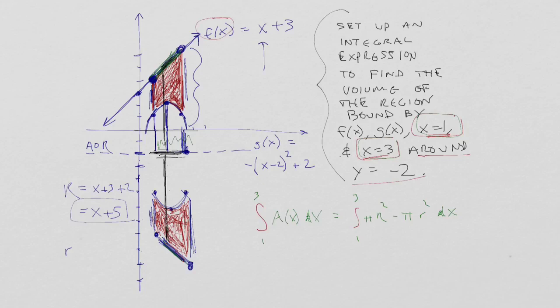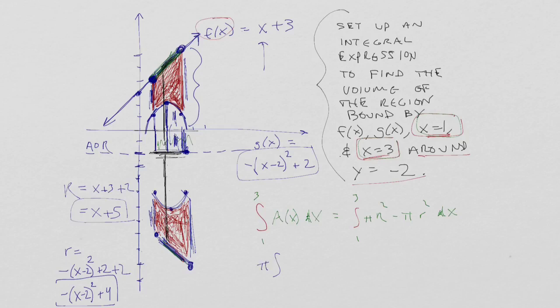Little r, we're going to play the same game, and it's going to be the distance up to this curve, which we want to say is just negative x minus 2 squared plus 2, but there's an additional 2 units, so I've got to add that additional 2 units. So it's negative x minus 2 squared plus 2 plus 2. So negative x minus 2 squared plus 4. So there we go. And using this information, I'll be able to set up my integral.